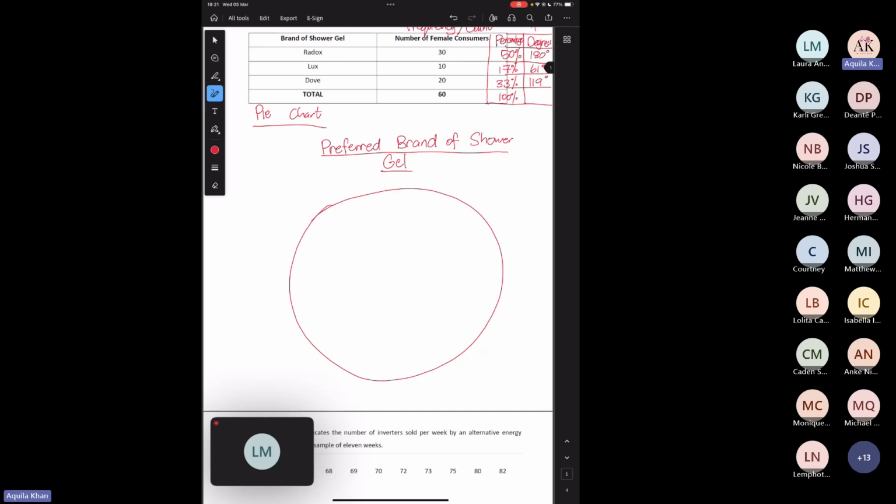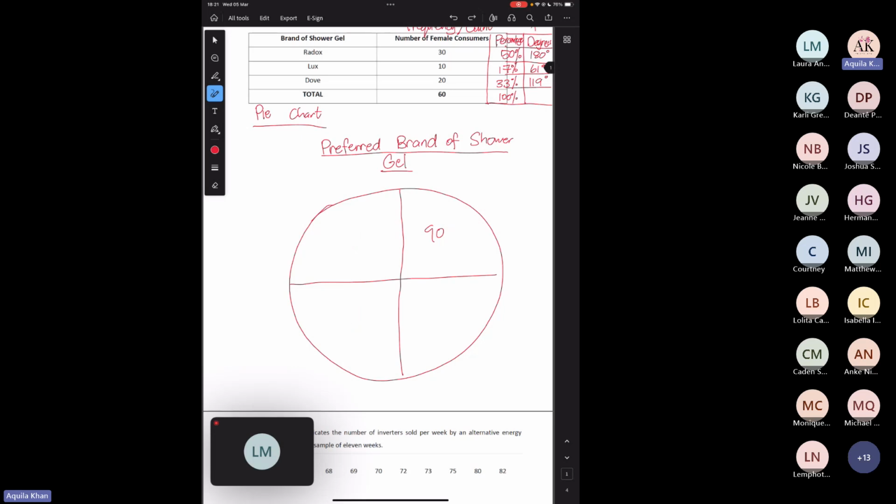And then remember, if you draw a line down the center here and across here, these are all 90 degrees each. So use this as a central point, sort of, or something to refer back to each time you need to indicate each portion of the preferred brands here.